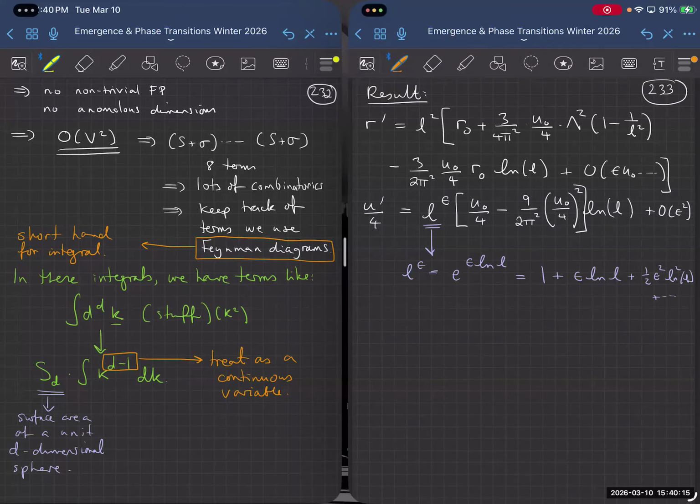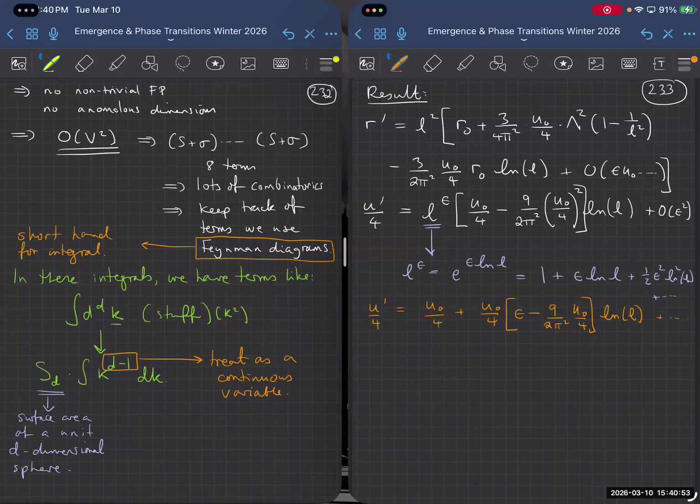But then what I get is that U prime over 4 is U naught over 4 plus U naught over 4 times epsilon minus 9 over 2 pi squared U naught over 4 times log of L, something like that.